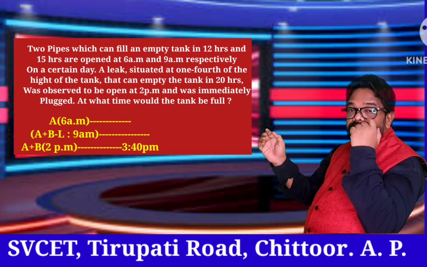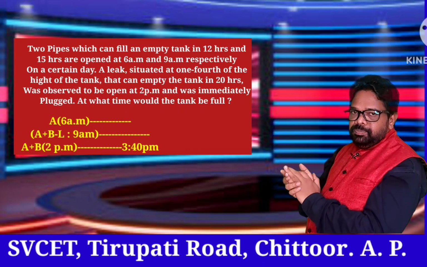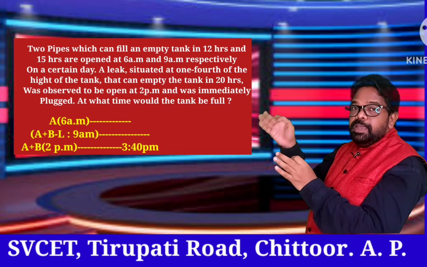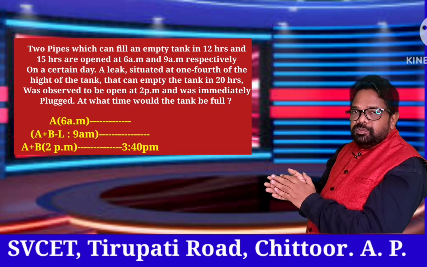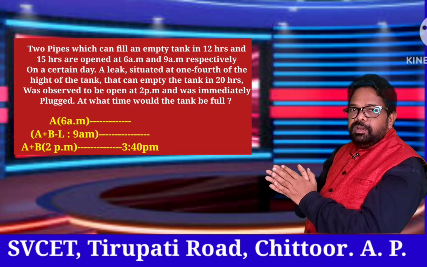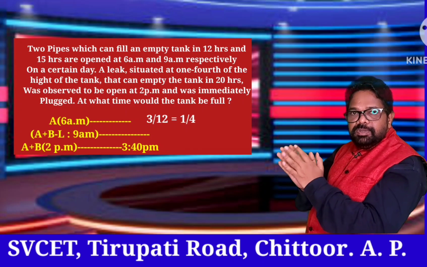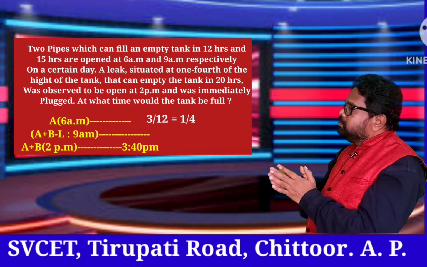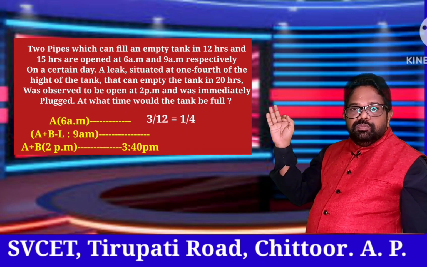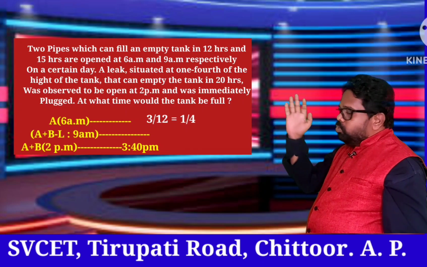What is the part filled in 1 hour? 1 by 12, since pipe A's capacity is 12 hours. So the 3 hours part is 3 by 12, which means 1/4 of the tank is filled up to 9 o'clock.